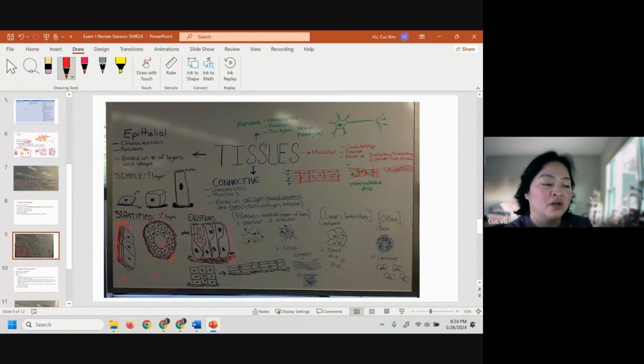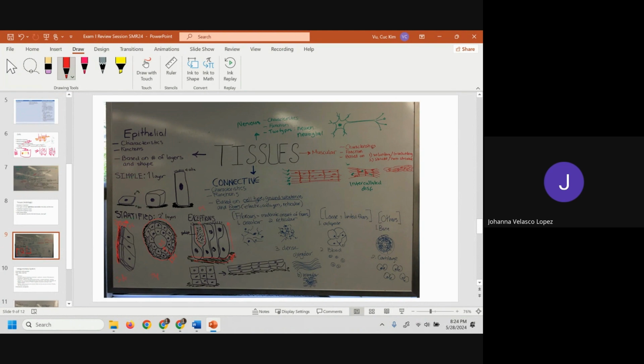Let's take the word apart. Pseudo-stratified. Pseudo meaning false, stratified meaning multiple layers. So it looks like many layers, but it actually is just one. And that's why it's called pseudo-stratified. The shape is still columnar. And that's why it's called pseudo-stratified columnar epithelium instead of a simple columnar epithelium.